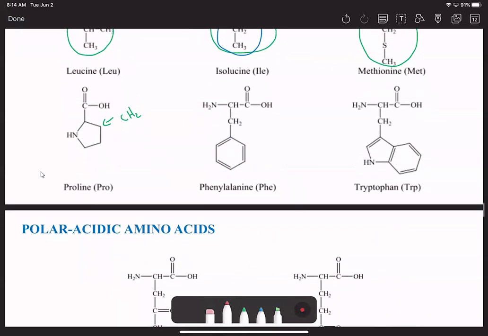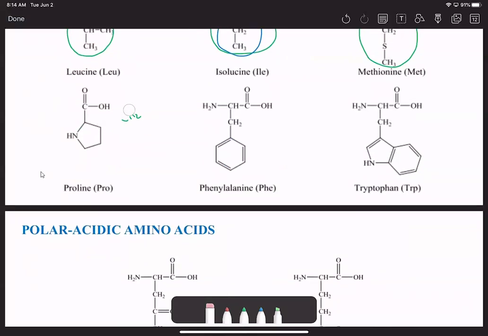Now this other one I want to talk about is another one that's pretty unique, and that is proline. I'm going to draw proline slightly different here. So let me draw proline next to it. There's my alpha carbon. Here's my carboxylic acid group.